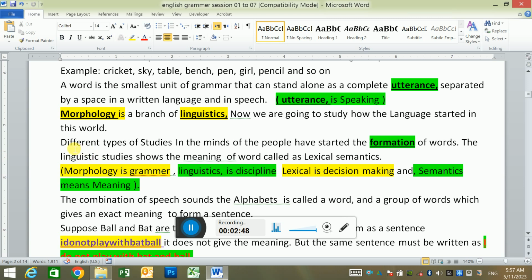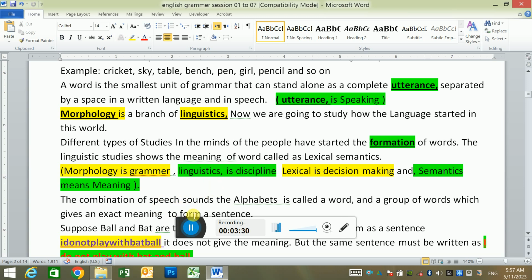Different types of studies in people's minds have started the formation of words. Words studied in a linguistic form, showing meaning to the word, is called lexical semantics. Morphology is a grammar and linguistic discipline. Lexical gives a decision and semantic means a meaning to a word.